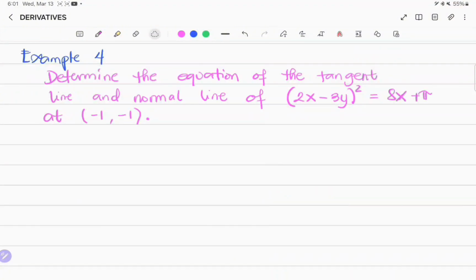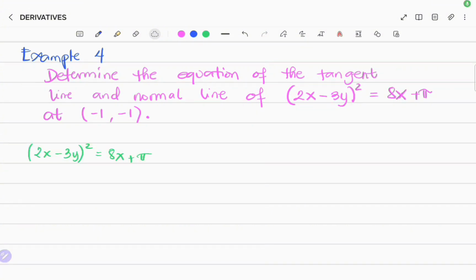In this example, which is number 4, we are going to determine the equation of the tangent line and of the normal line of the given equation, 2x minus 3y raised to 2 equal to 8x plus pi, at the point of tangency that is negative 1 and negative 1. To do this, we have to use the general power rule.